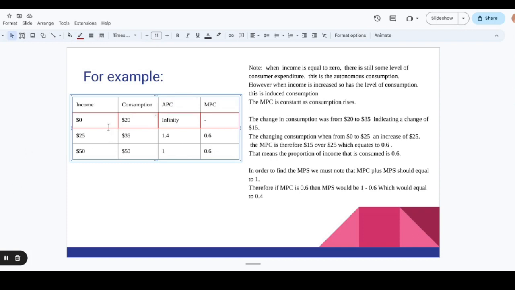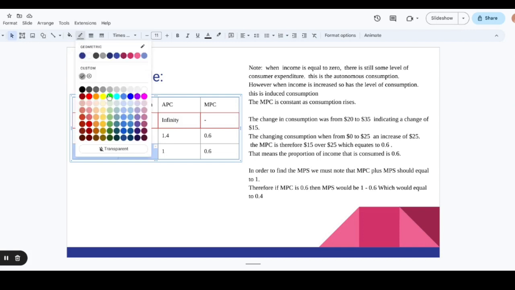Normally, we would now plot the consumption function, where consumption would be on the vertical axis and income would be on the horizontal axis. And where consumption is equal to income, it would be right here.